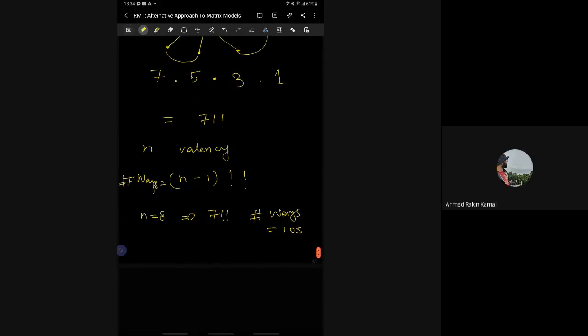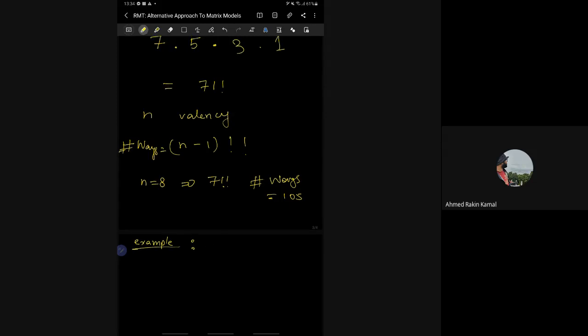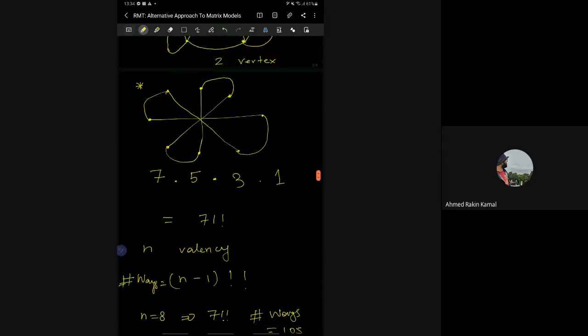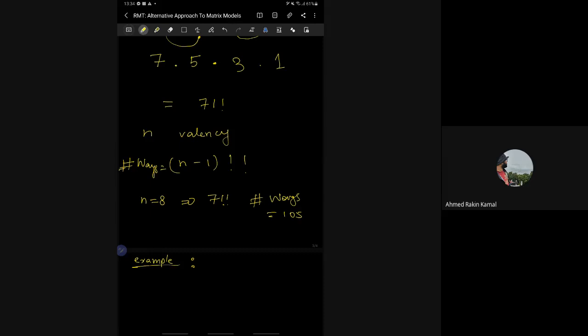So let's look at another example. This was a 1 vertex scenario, so let's do some combinatorics with two vertices.